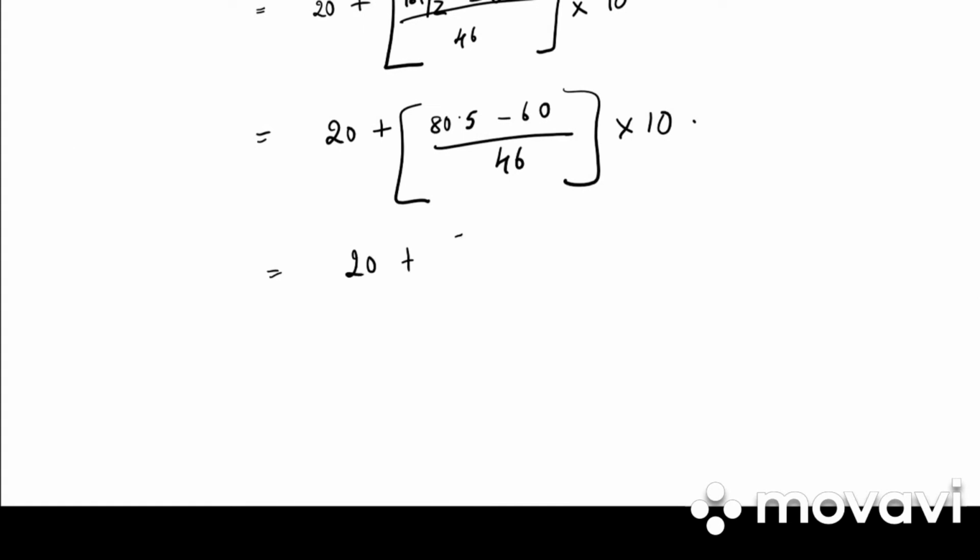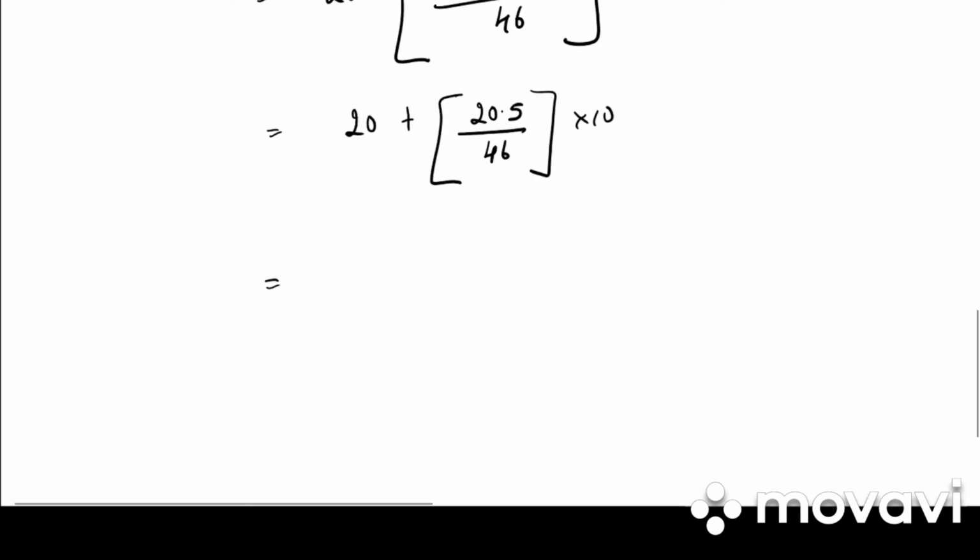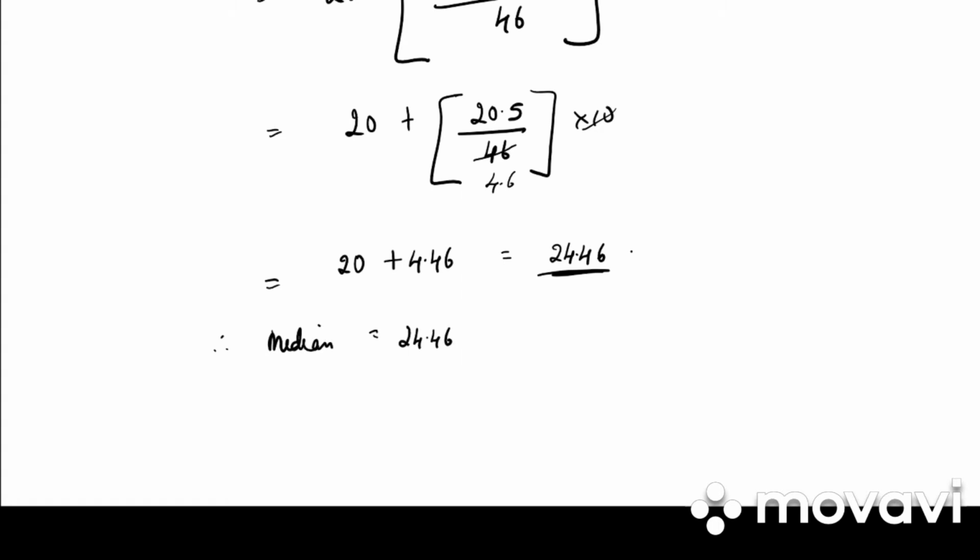So we get 20 plus 20.5 divided by 46 into 10. So 20.5 divided by 4.6. We get 20 plus 4.46. How much is it? 24.46. Therefore, median is equal to 24.46.